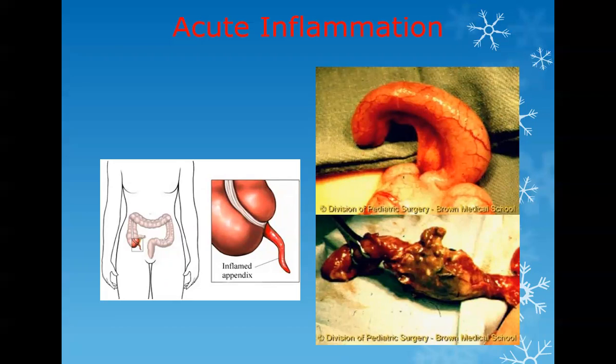Like for example, this one. This is a very necrotizing appendicitis. If we leave this appendix like this, it will burst. While taking out this appendix, some of it will burst in the peritoneum. So you will have peritonitis, and peritonitis is serious.